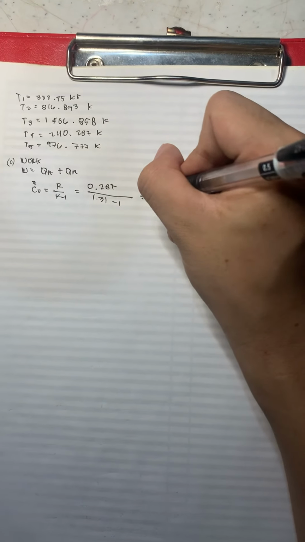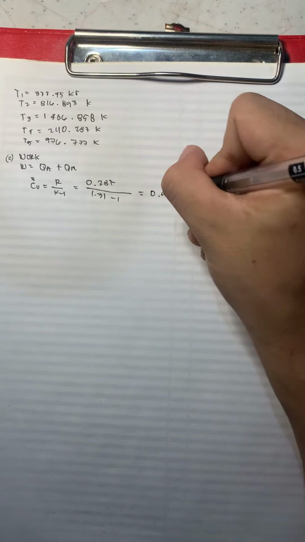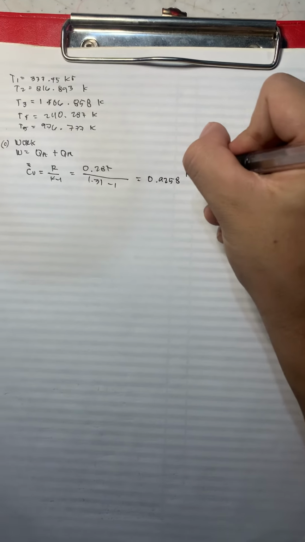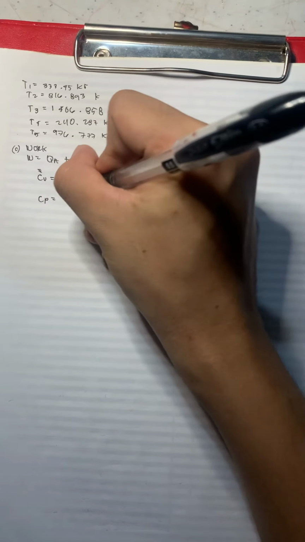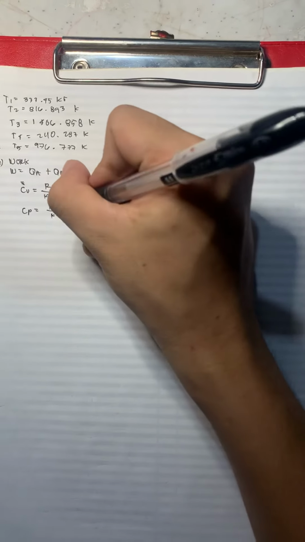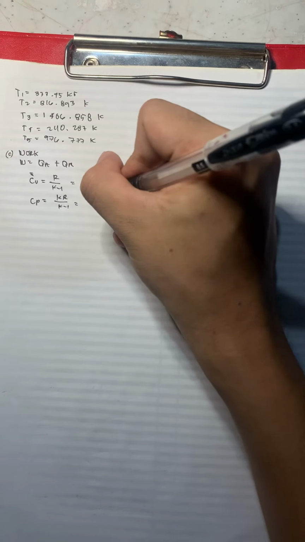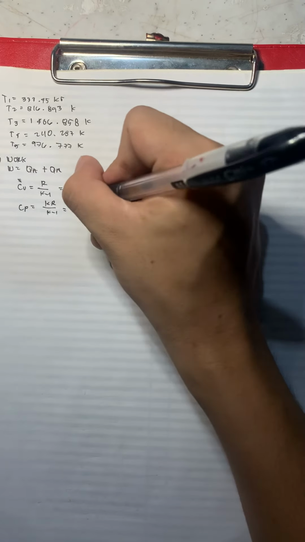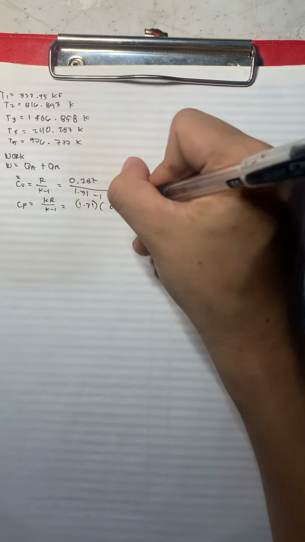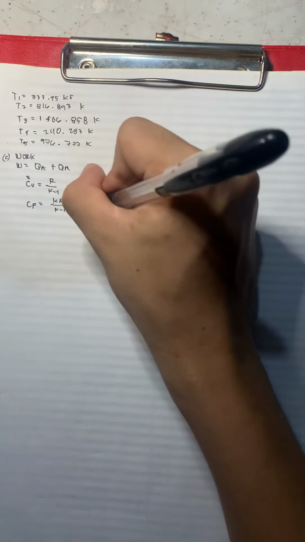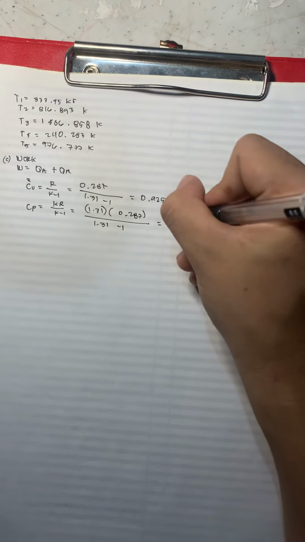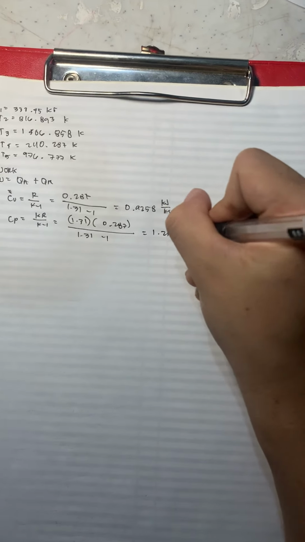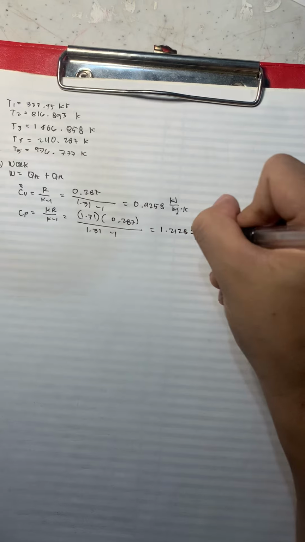You will get 0.9258 kilojoule per kilogram Kelvin. Cp equals KR over K minus 1, equals 1.31 times 0.287 over 1.31 minus 1, equals 1.2128 kilojoule per kilogram Kelvin.